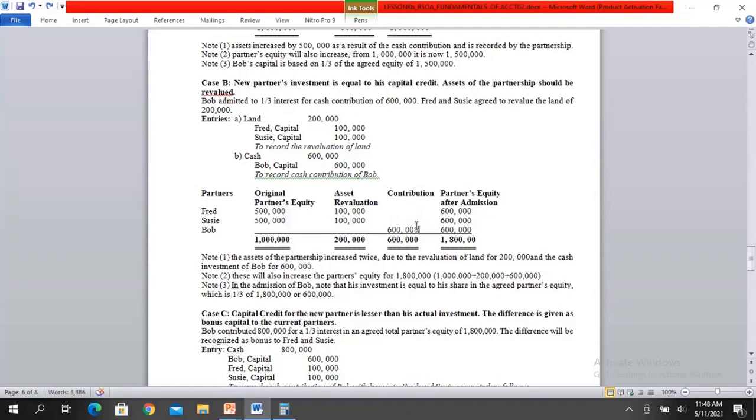So, magkano yung partner's equity after ng admission kay Bob? So, 500,000 yung original equity ni Fred plus yung 100,000 na share niya ng revaluation. So, magiging 600,000 yung equity ni Fred after admission of Bob. Si Susie naman is 500,000 plus 100,000 is 600,000 din.